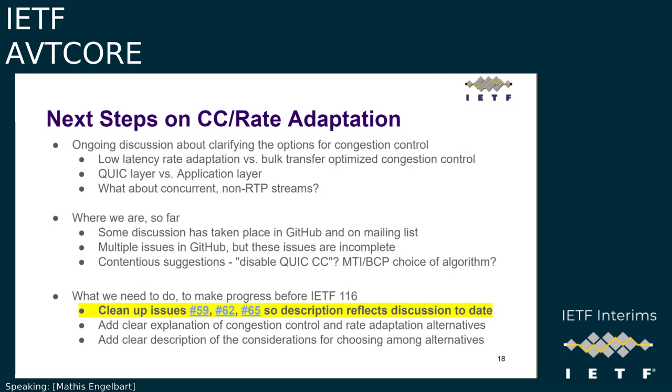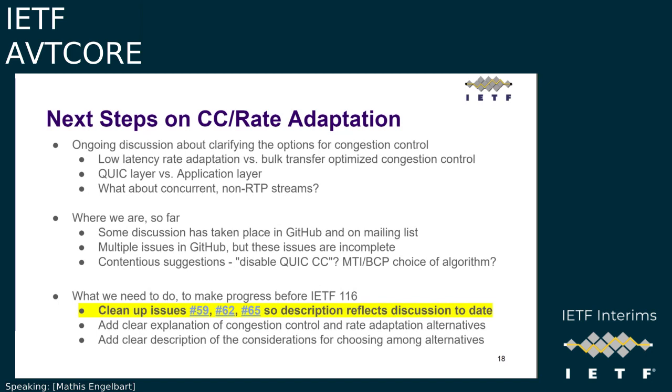That also leads to the question which layer should actually do congestion control and how they interact if we have congestion control at the QUIC layer and at the application layer. And since we made it explicit in the multiplexing section that we can have concurrent non-RTP streams, we also have to care about sharing bandwidth between non-RTP and RTP streams. Then from here, I'll let Spencer talk about the current state of the discussion.